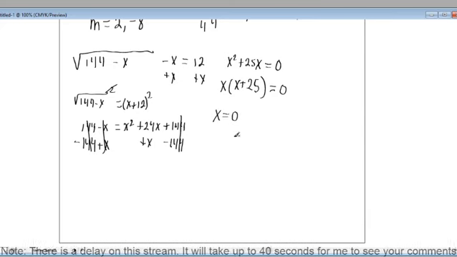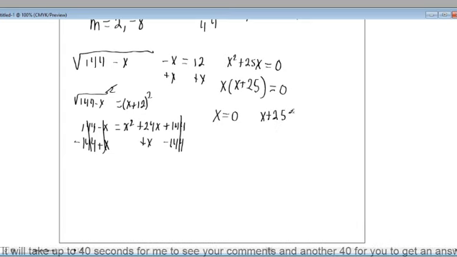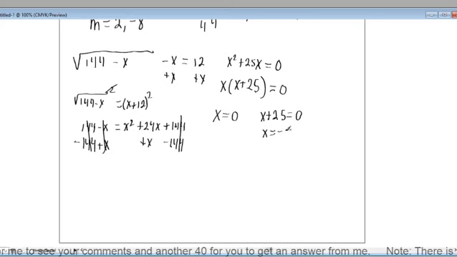Hey, that's easy. x equals 0. Then the second thing that we're multiplying is x plus 25. Set that equal to 0. Solve. And we get that x is equal to negative 25. And so there's both of our answers.